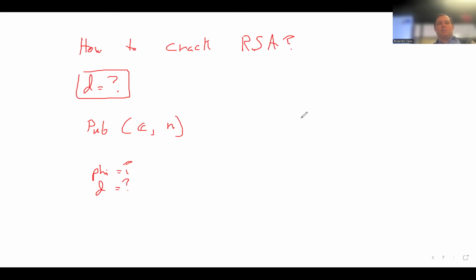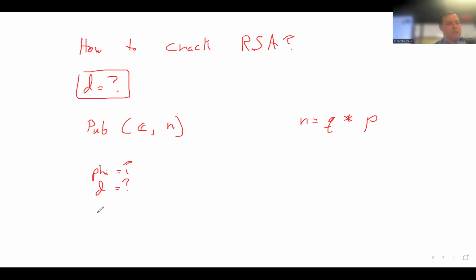So our challenge is to find P and Q. So we know N, right? That's the key here. So we have the public key.